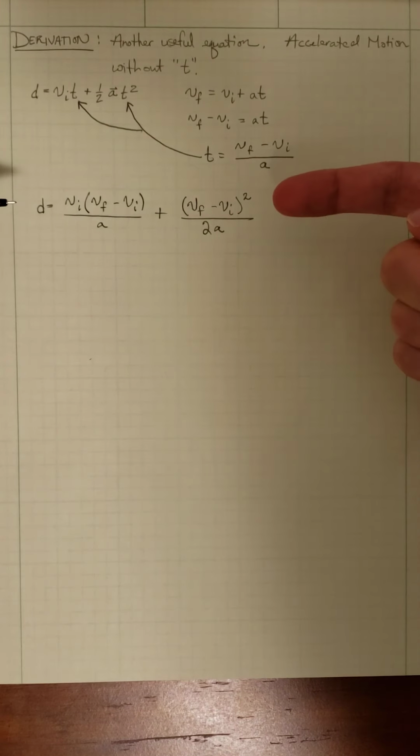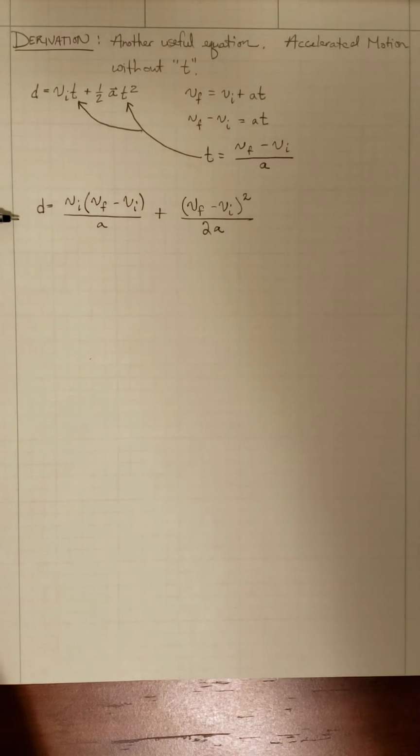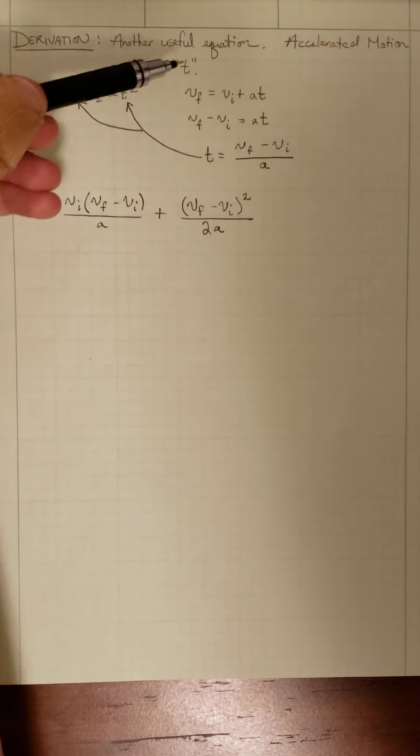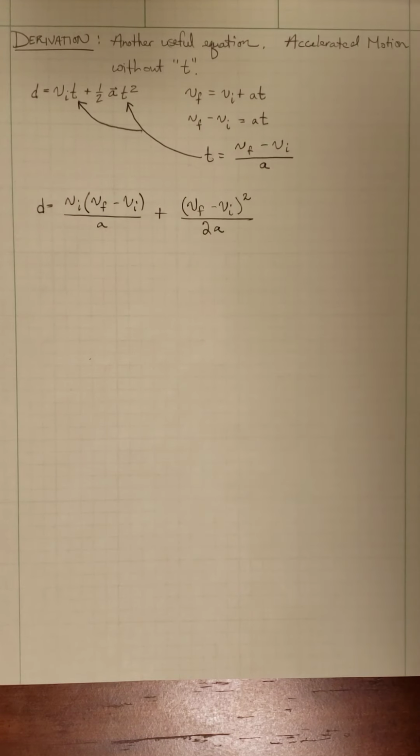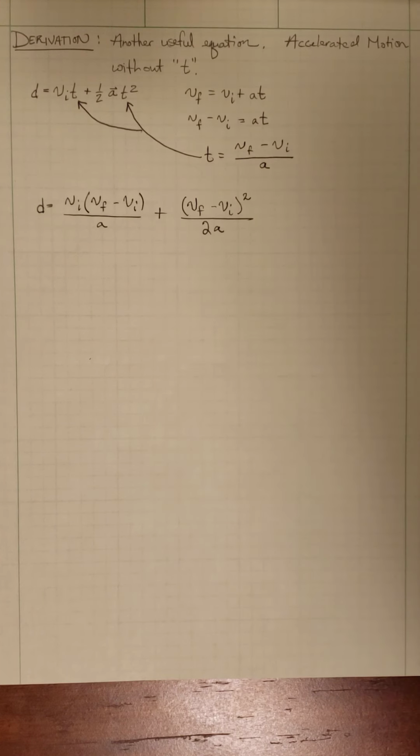Well, this is great. We now have a rewritten equation for d, the distance covered, in a constant rate acceleration that doesn't involve t. However, it's a mess. Nobody can memorize it, and maybe we can reduce it, simplify it, and maybe even get some value out of that.